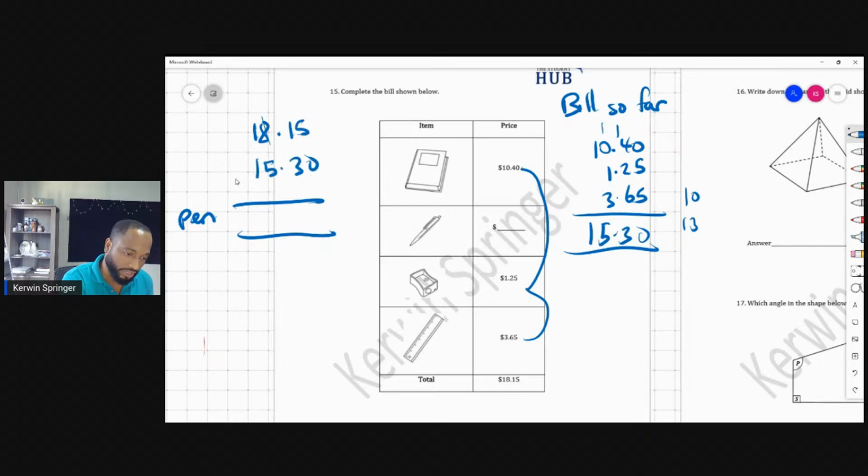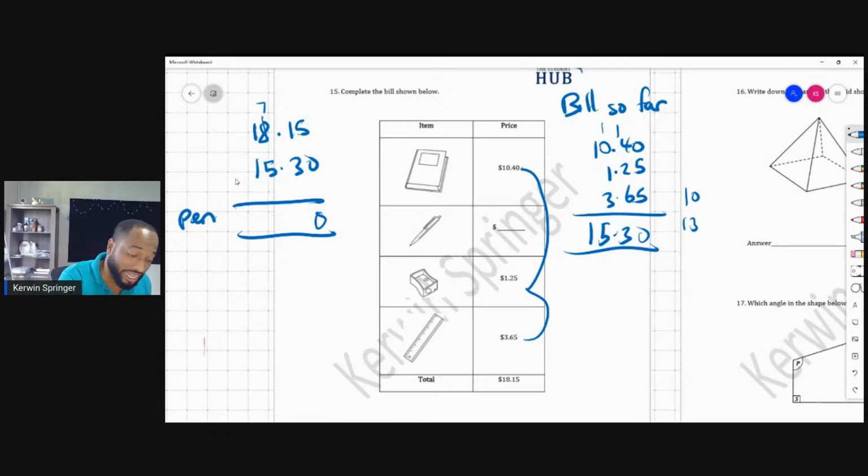So if I take away 1 from this, I can give this one 1, and then take back that 1, give this 10. Wait, I didn't need to do that. 0 from 5 is 5. Now I needed to borrow.